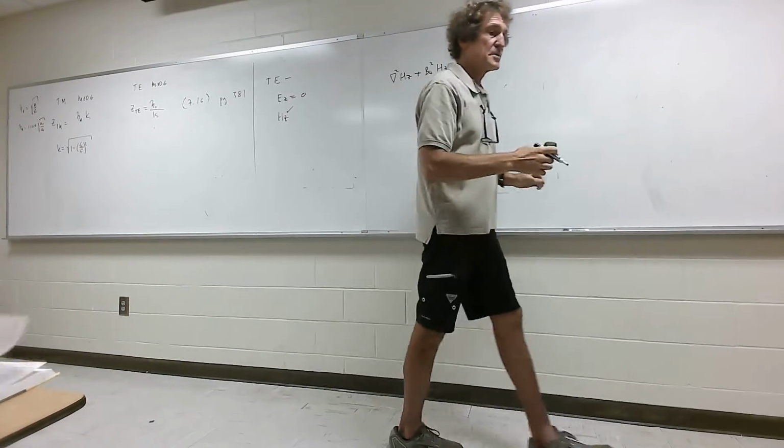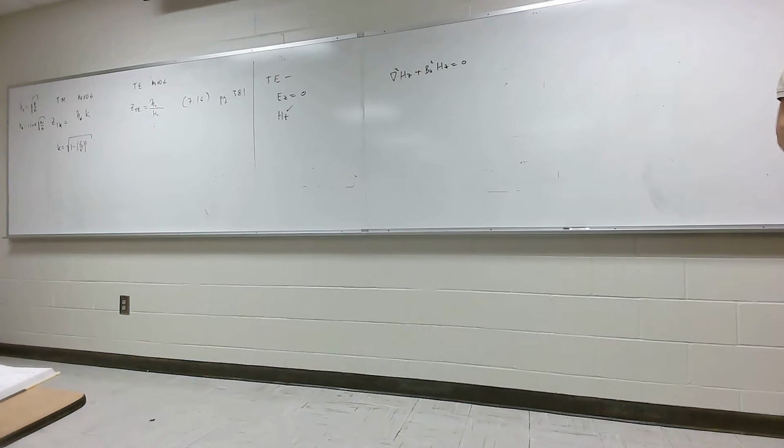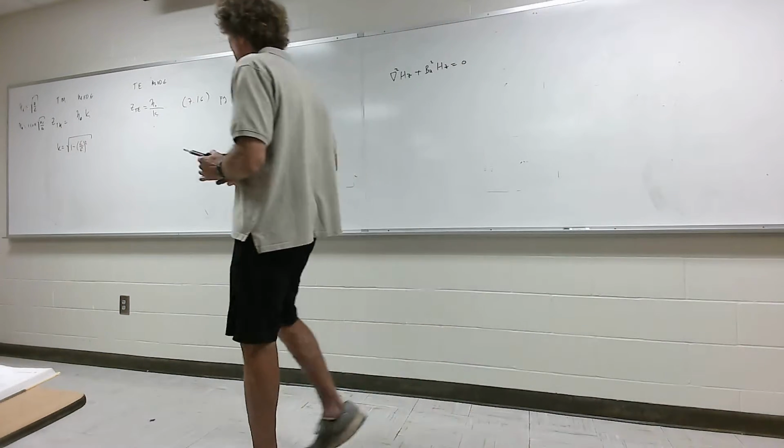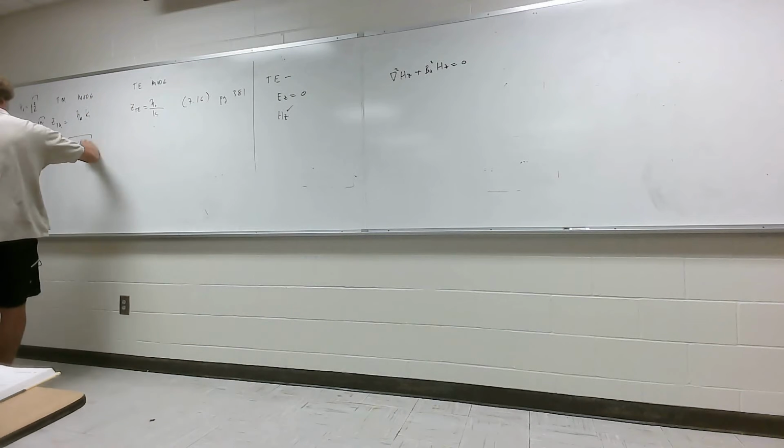Let me tell you where this is in the book. You all know how you can develop that from the two Maxwell's equations? I'll get that in one second. I just want to show you where we are. So this is on page 394 in your book. But I'll tell you where they come from. And let me do it over here.